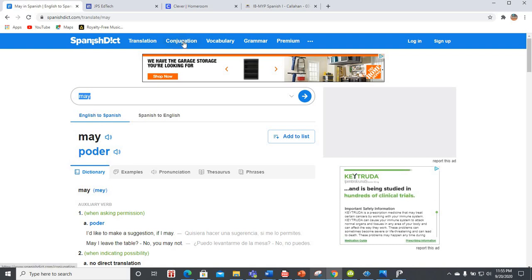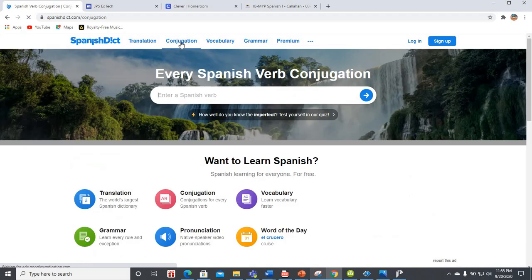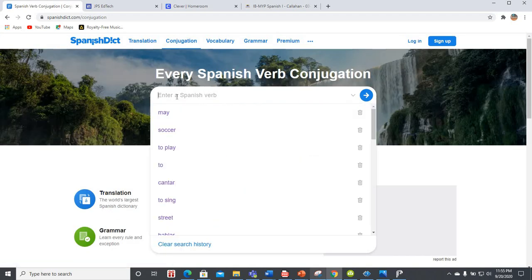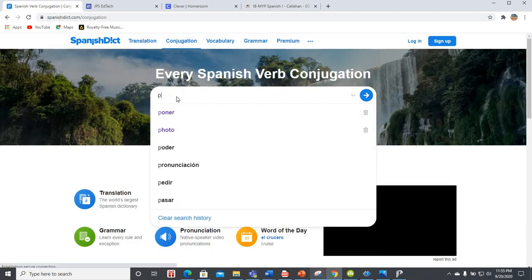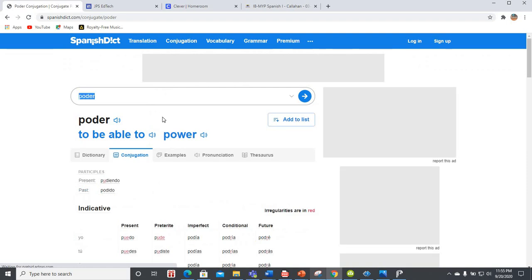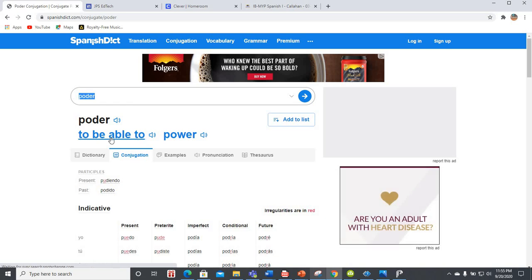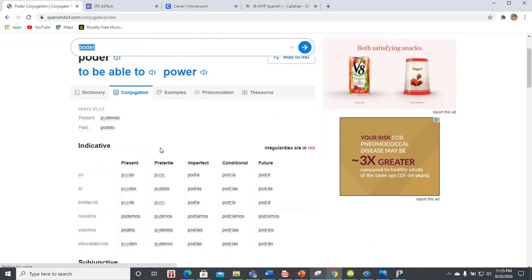So they're going to go to conjugation here. And Spanish 1 students, you may have to do this as well. Go to conjugation. And I have my verb now, so I'm going to type it in. P-O-D-E-R. Because may means the same thing, to be able to.